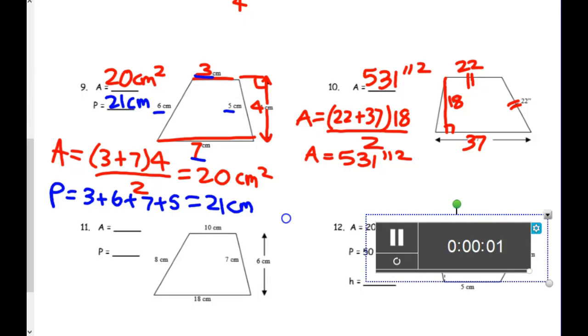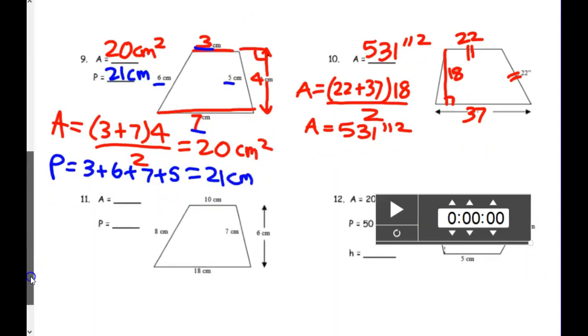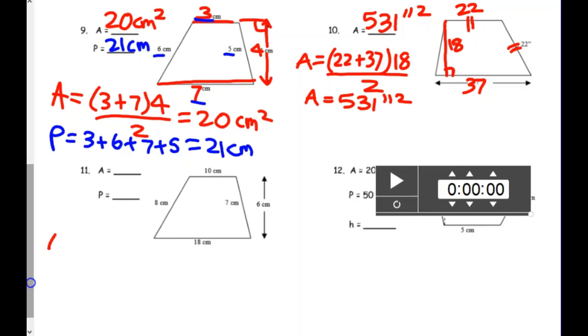Two, one. All right. What did y'all get for 11? What did y'all get on 11? What? 84? Anyone object?